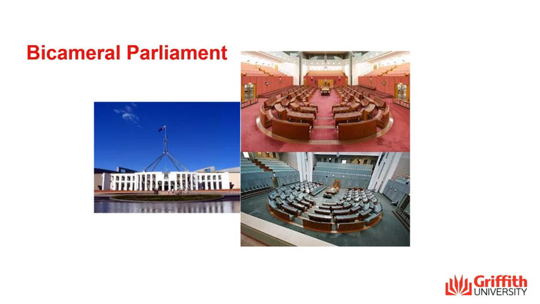So let's look at those protections to start with. First of all, a bicameral parliament. This is one that has 2 chambers, a lower house, and you can see on your screen the lower house at a federal level in Australia is the House of Representatives, which is themed green, and an upper house, or the House of Review, which reviews mostly legislation that starts down here in the lower house, but legislation can be introduced via the Senate, but mostly it comes from down here in the lower house.